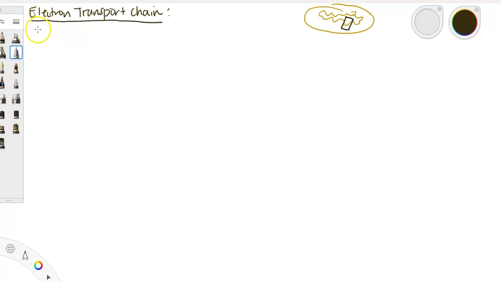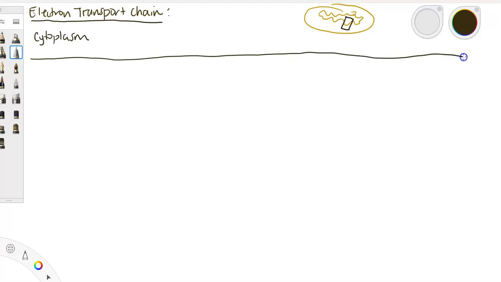Okay, so if we have our cytoplasm is here. Here is the outer membrane. Okay.